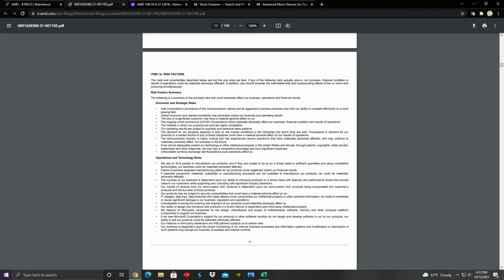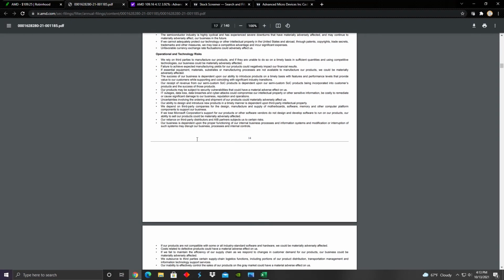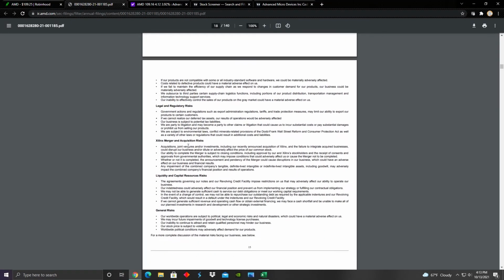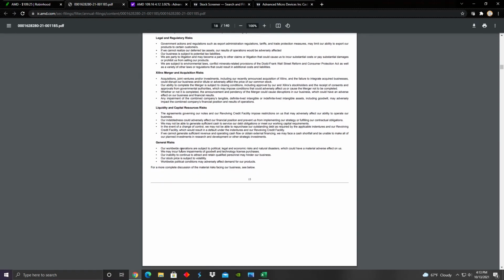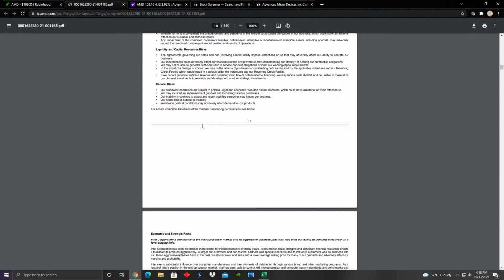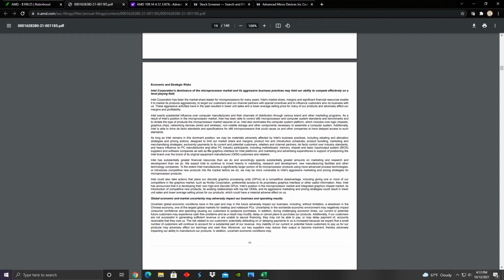It makes me feel better as an investor knowing exactly what I'm getting into and understanding the risks of the business that I'm purchasing. They give a couple of different bullet points here for their economic strategic risks, operational, technology risks, legal, acquisition risks, general risks, capital resource risks, and then they go even further, breaking down each specific bullet point.